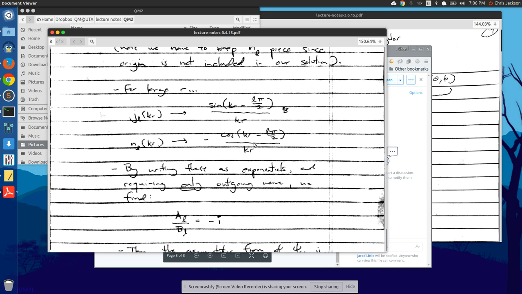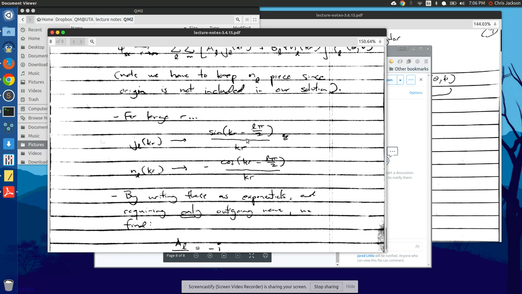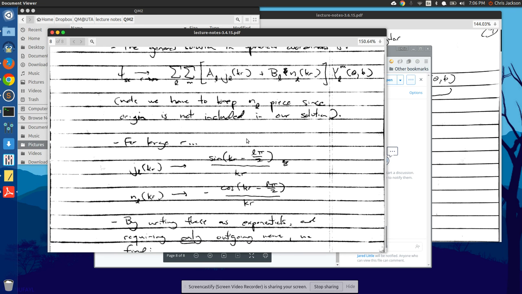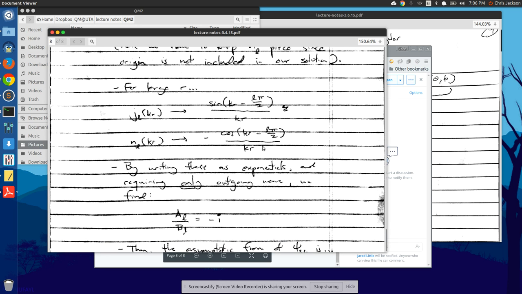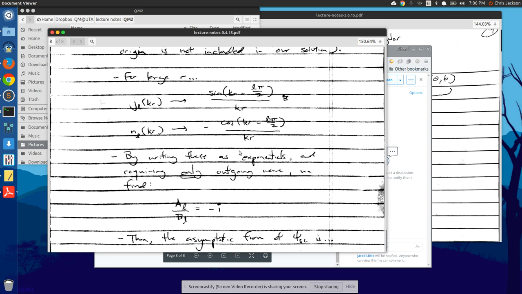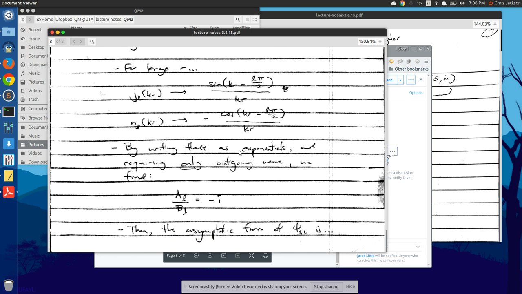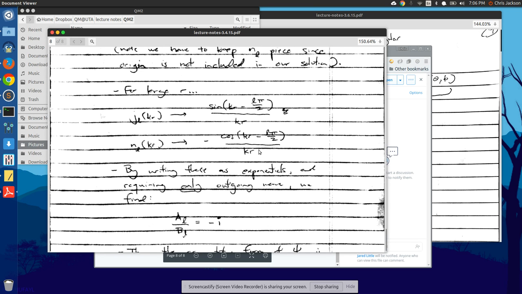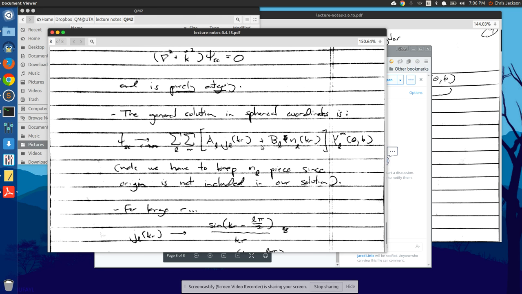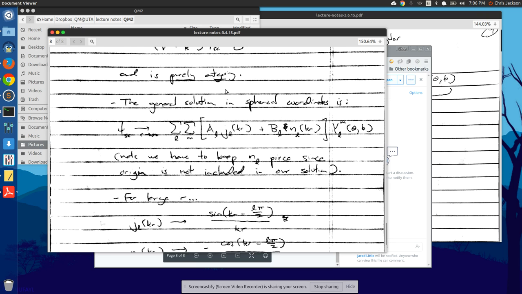All right, so typically the approach, and I'm just going to step through it, is that you take the large R limit, you rewrite these as exponentials using the normal Euler formulas, and then you use the constraint that we have a purely outgoing wave.